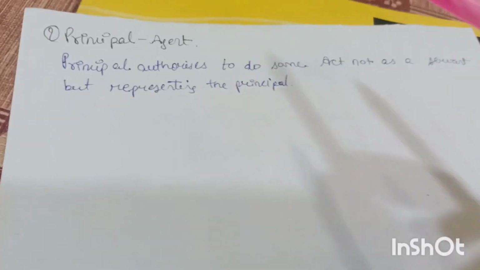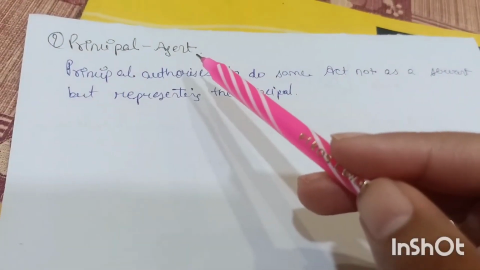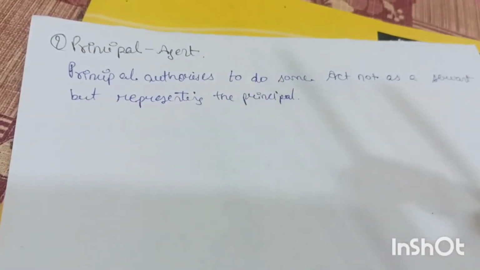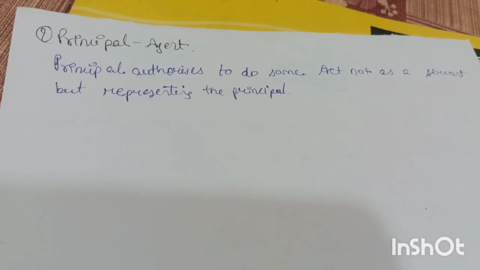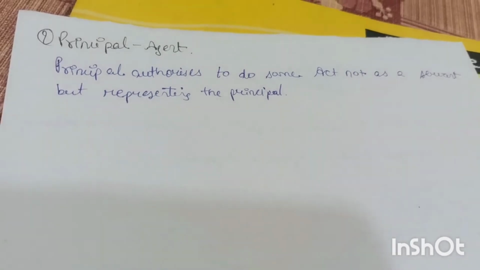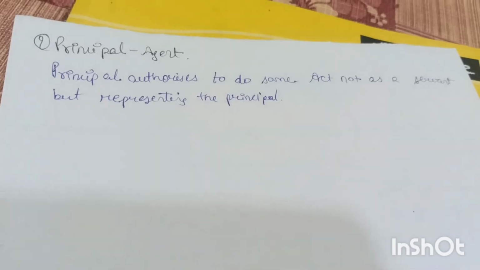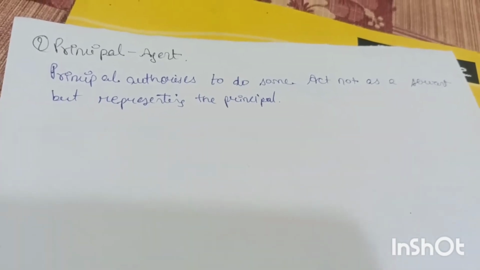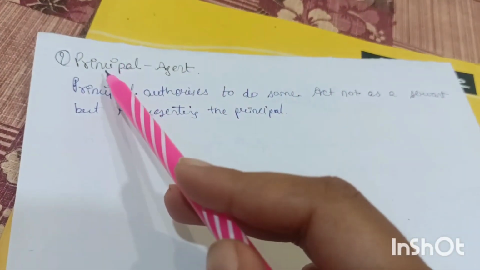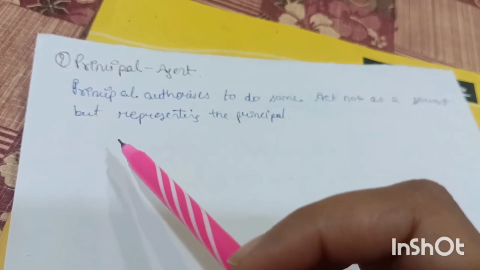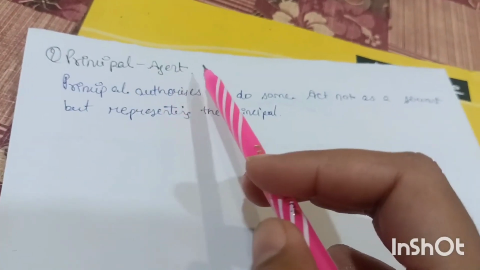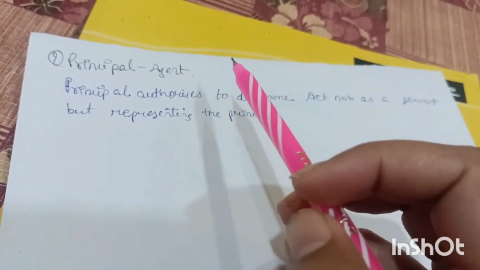Let's understand it through an example. There is a person A who deposited 1 lakh rupees in a bank for transferring it to B. But C, who is an employee in the bank, by fraud transferred the money to his wife. Over here the principal is the bank, so the bank will also be liable because the agent, C, had done some wrongful activity.